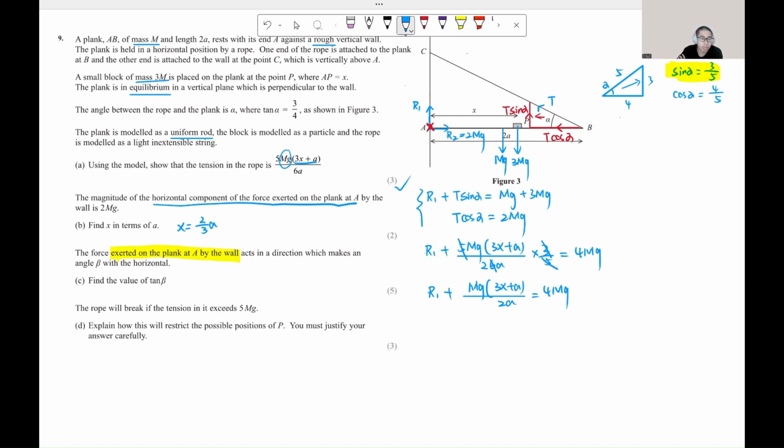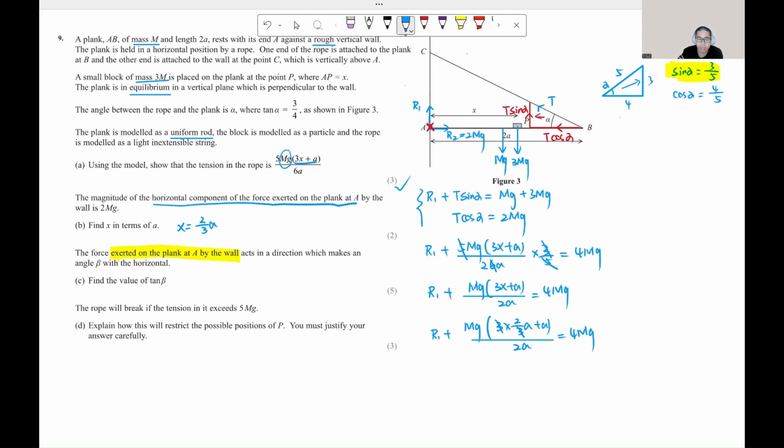And then don't forget in part B, we already worked out what x equals to. So x equals 2 over 3 a. So we can just use it straight away. So R1 plus mg times (3 times 2 over 3 a, plus a) over 2a equal to 4mg. And then 3 times 2 over 3, the 3 over 3 cancels out, so just 2a left.